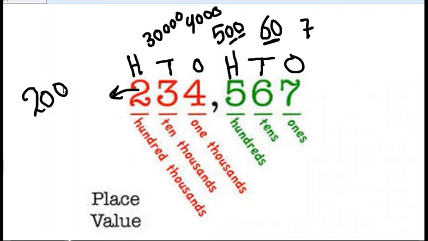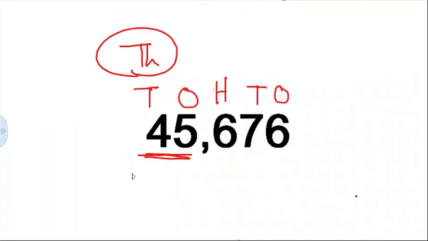When you hear the word thousands, there are 3 zeros. So 200 thousands, increase another 3 zeros. Look at the value of each digit. Every time we go to the left, we increase. It's more than the previous column by 10 times.